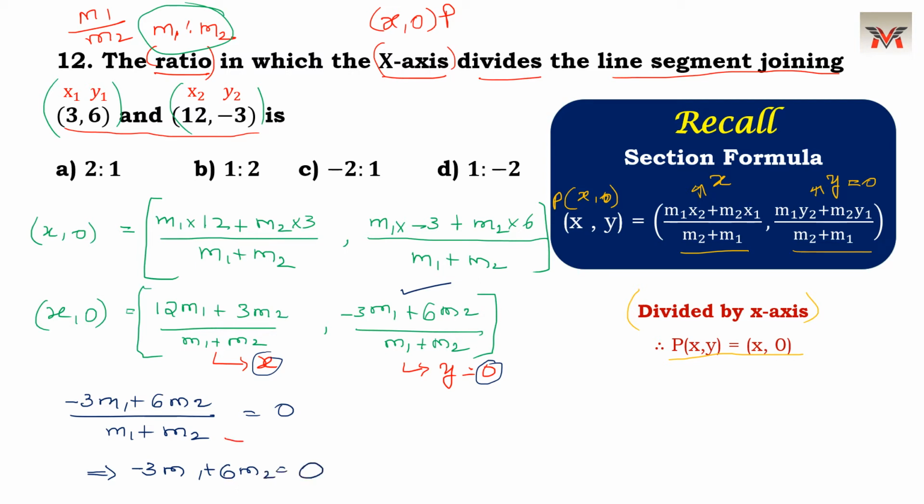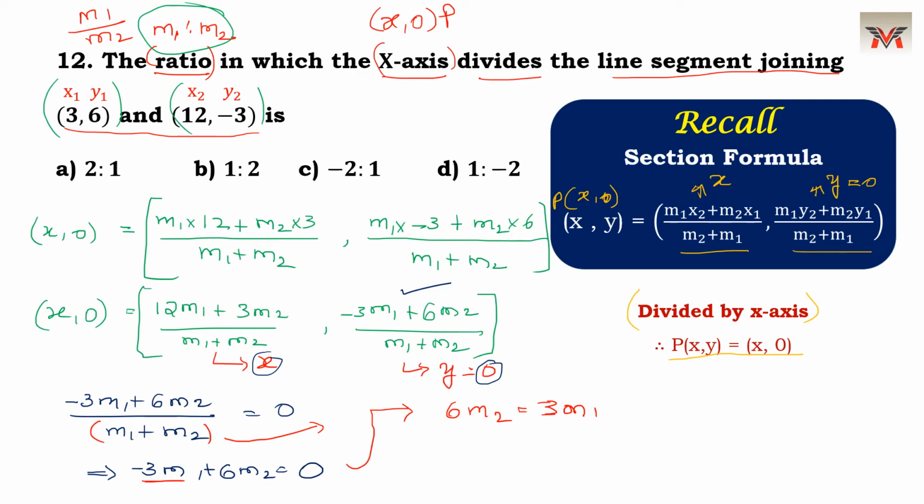Because when I take m1 plus m2 to the other side, divided by becomes into, and 0 into anything is 0, correct? So let us simplify the remaining part. This becomes 6 m2 equal to 3 m1, because -3 m1, when it goes to the other side, becomes plus.